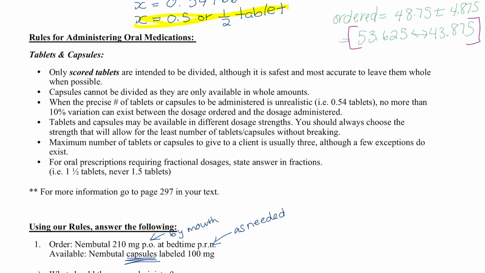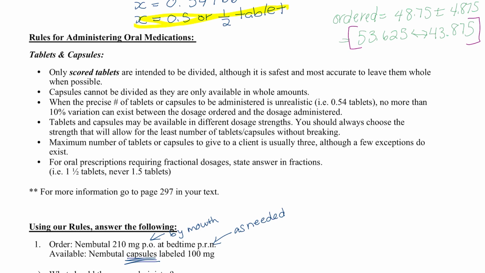So when looking at tablets or capsules, when working with tablets, you can only round to a whole number or a half number if it is scored. Okay? If it's scored, it's intended to be divided, so you can do a half number. Otherwise, you'd have to round to a whole number. If it's a capsule, you have to round to a whole number because they cannot be divided.